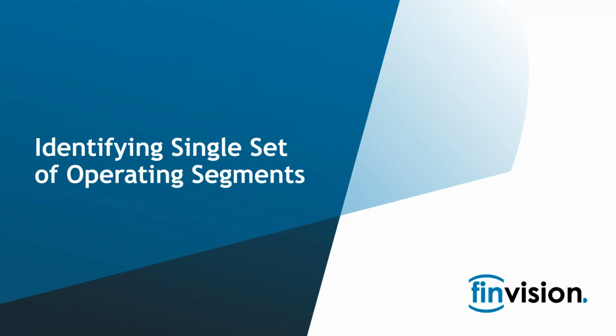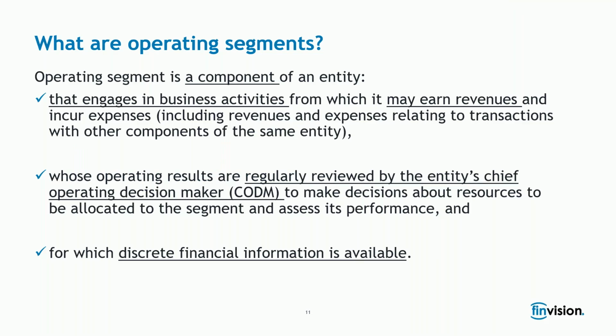How to identify now a single set of operating segments? Well, let's first go through some definitions. What is it? It's a component of an entity or group that engages in business activities which may earn revenues, and obviously also link back to expenses.